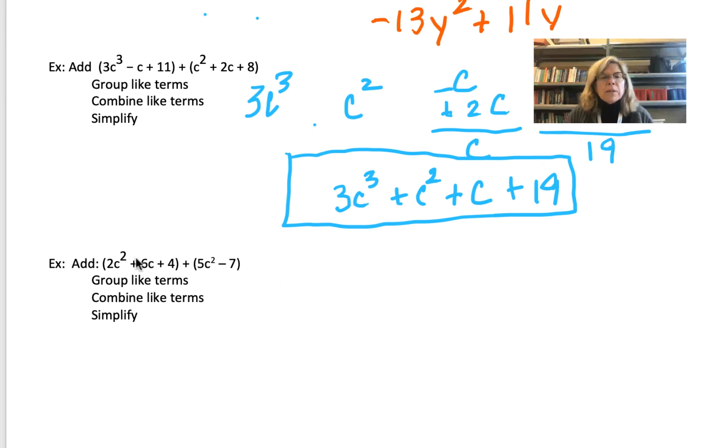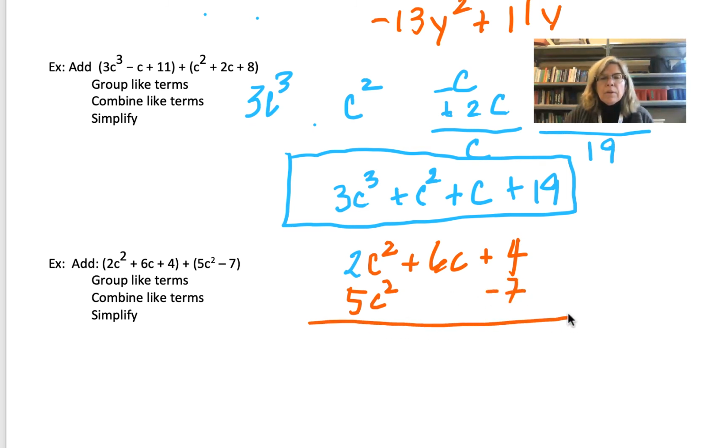So we add 2c squared plus 6c plus 4 plus 5c squared minus 7. Well, I think I will put those on top of each other just so you can see. 2c squared plus 6c plus 4 over 5c squared, and I'm just grouping them by the exponents, and we're adding.